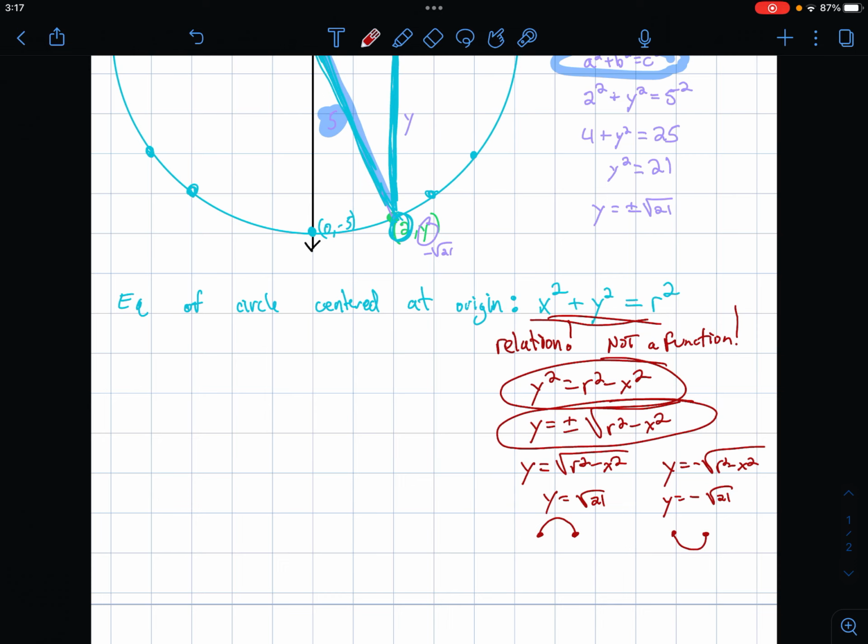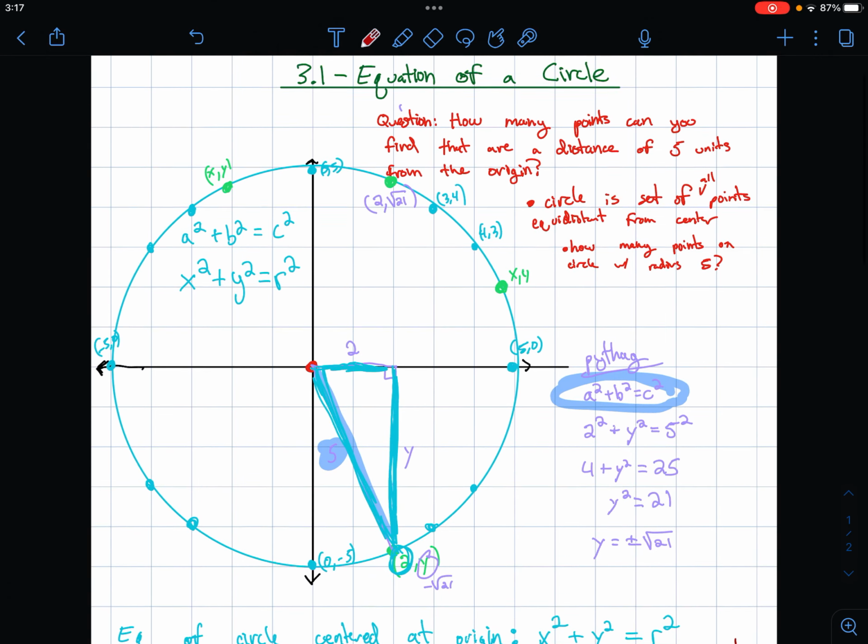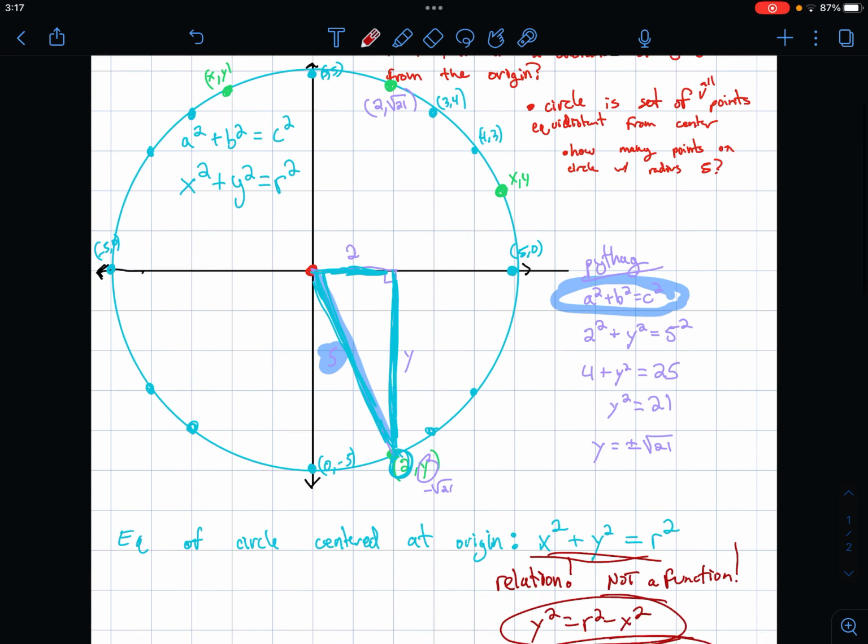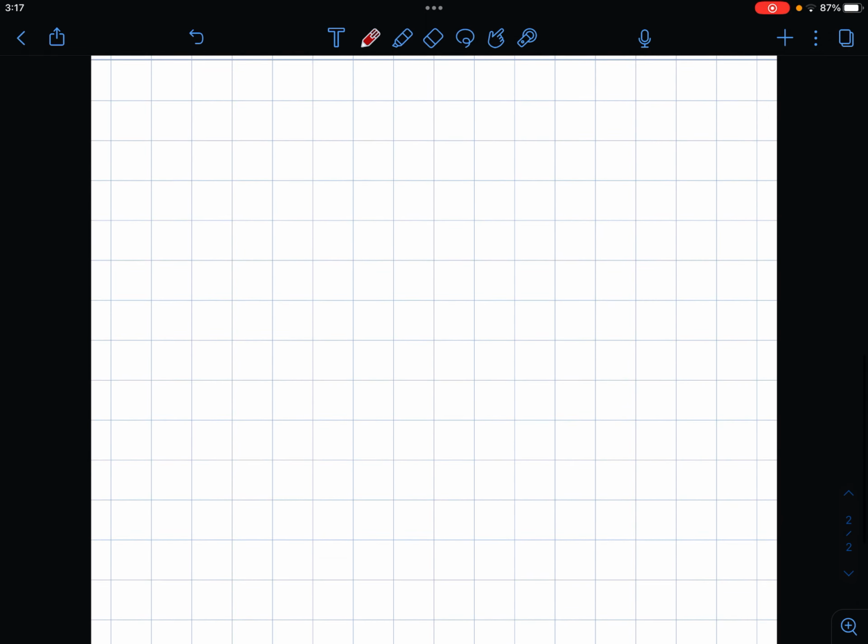Okay, so let's look at some examples here. And actually, for these examples, we want to tie this back to what we've been doing on the coordinate plane, which has to do with trigonometry and angles.